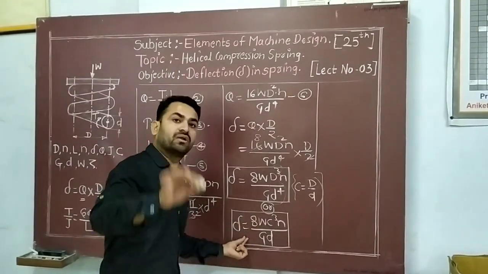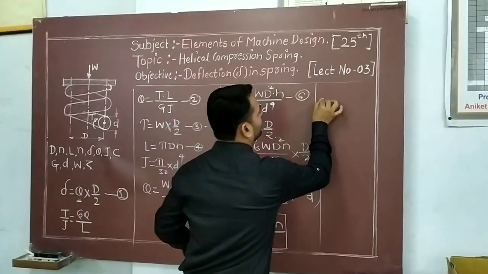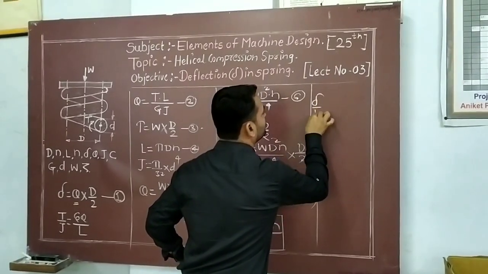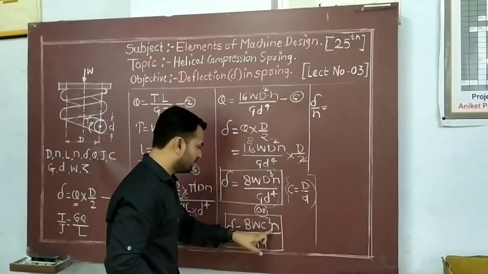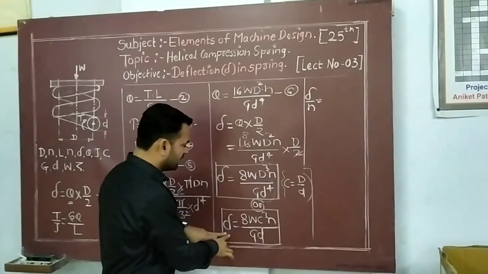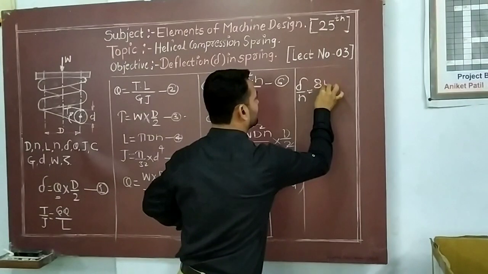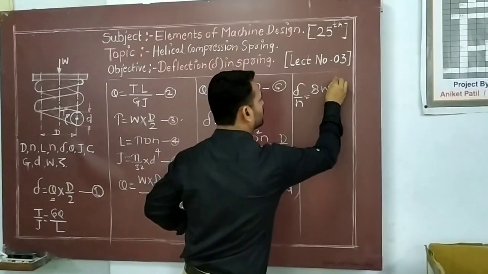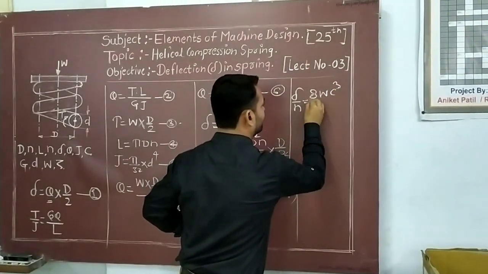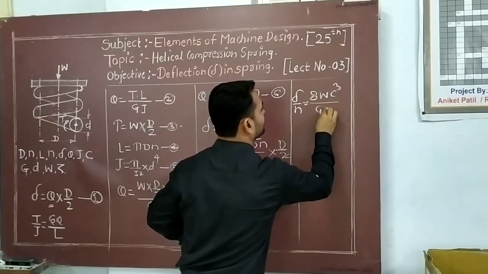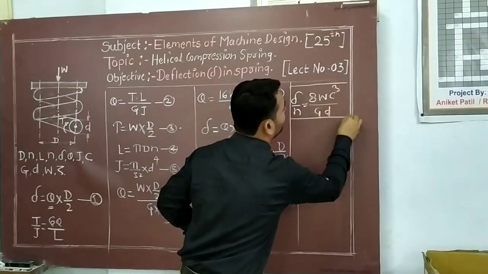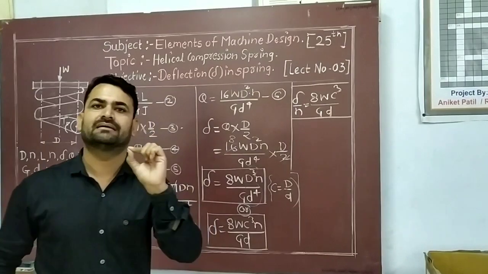We can easily find it. Deflection per unit turn, so N will be removed. Deflection per unit turn will be 8 W C cube divided by G d.